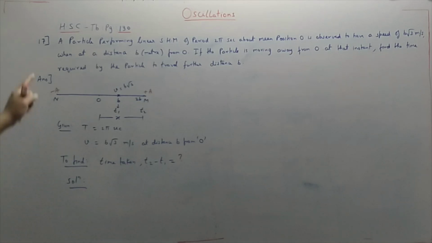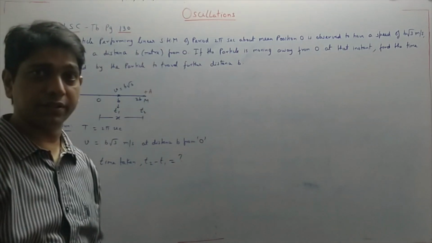Let us solve this. First, we require time. We have the formula for x starting from the mean position: x is a sin omega t. For this we require the amplitude and omega.